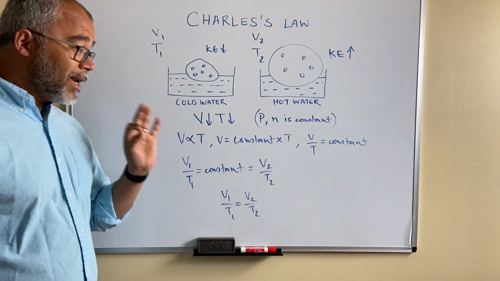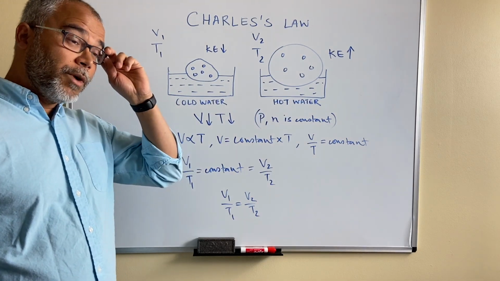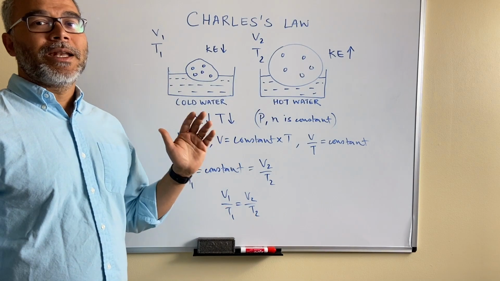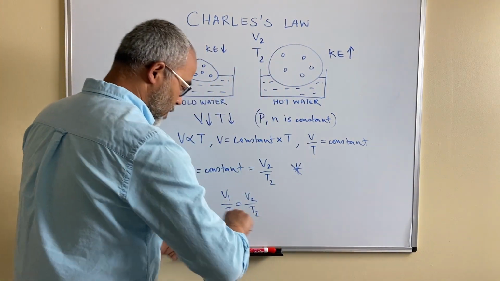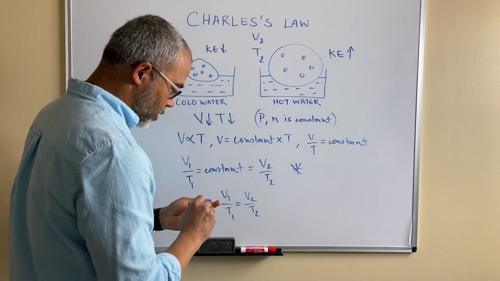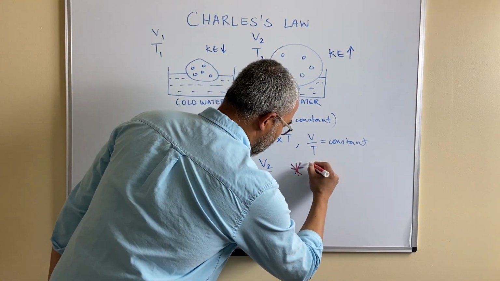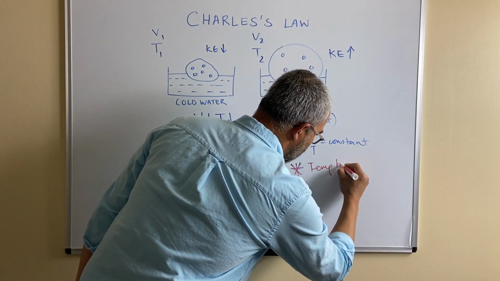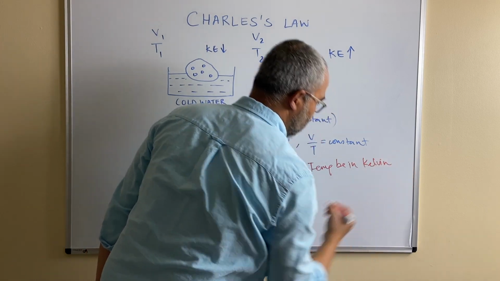One thing to note and keep in mind out here is that when you're using Charles' law or pretty much any gas law, the temperature should always be in Kelvin, okay? So I'm going to put a little asterisk out here. Maybe I'll put it in red so we'll always remember it. The temperature should always be in Kelvin, okay?